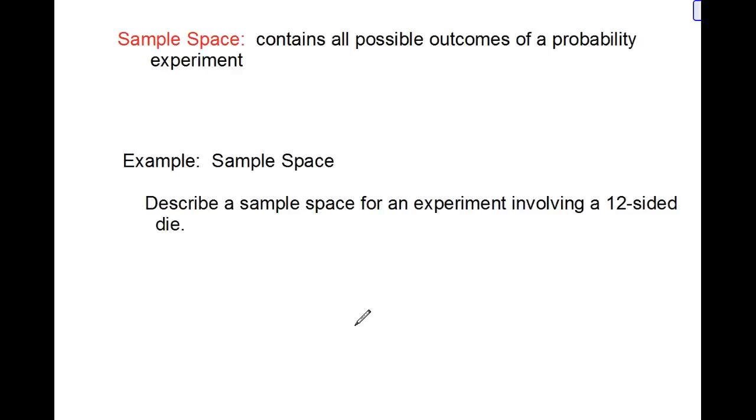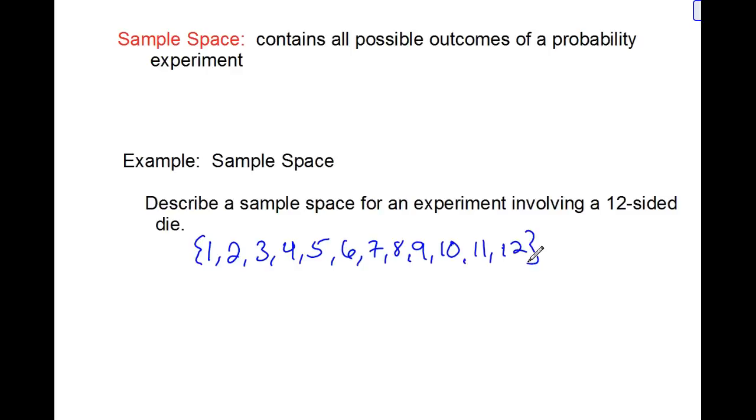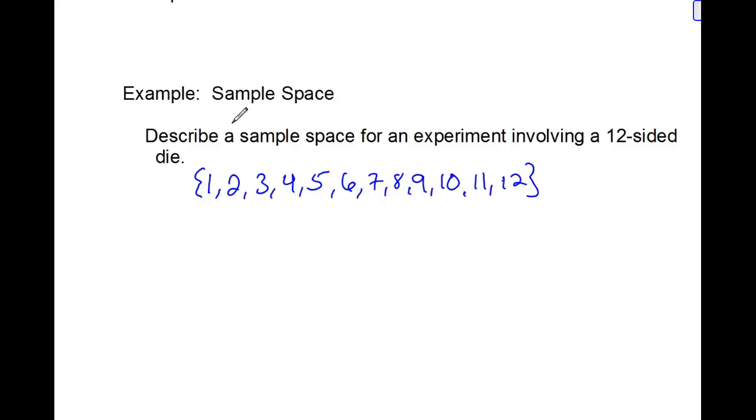On a 12-sided die, you have the possibilities of 1, 2, 3, 4, 5, 6, 7, 8, 9, 10, 11, and 12. So this right here becomes your sample space, all of your different possibilities. That's all the sample space is looking at: what are all of the possible outcomes that you can have.